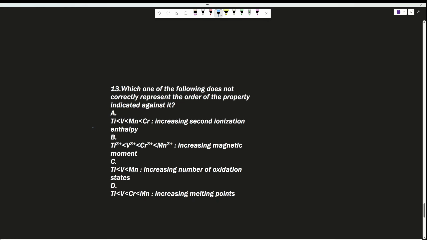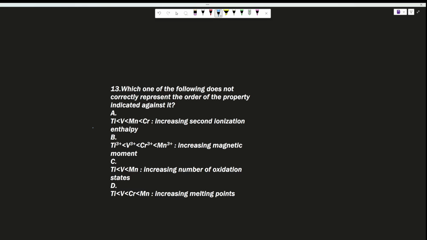Okay, next. Which one of the following does not correctly represent the order of the property indicated against it? If we consider the first one, titanium, vanadium, manganese, chromium is given, in increasing second ionization enthalpy. When you move across the period, in general ionization enthalpy will increase.